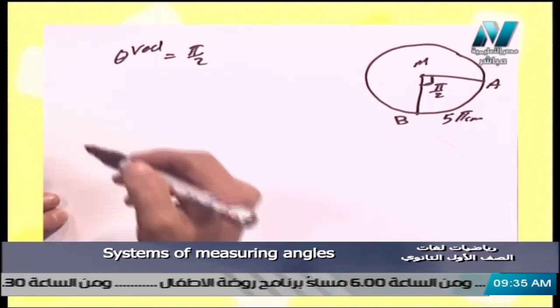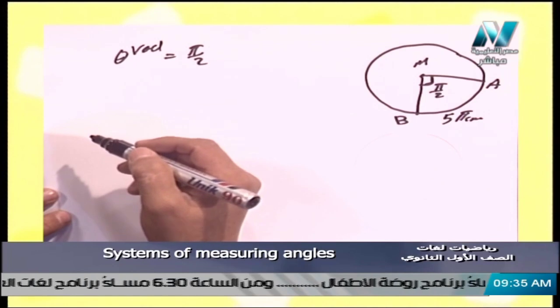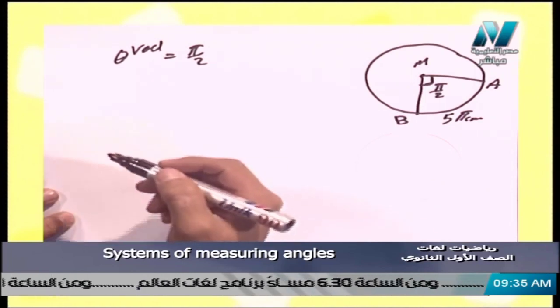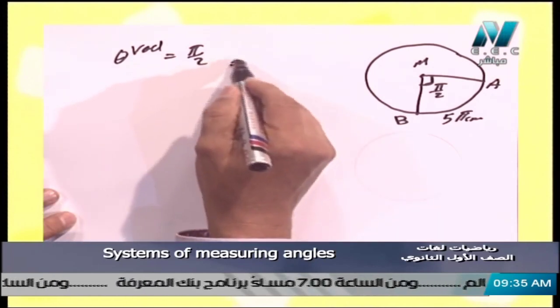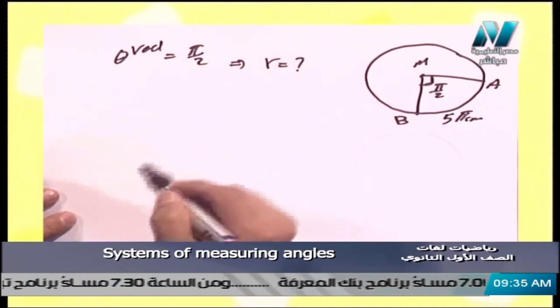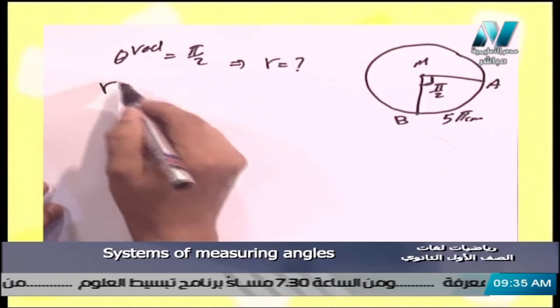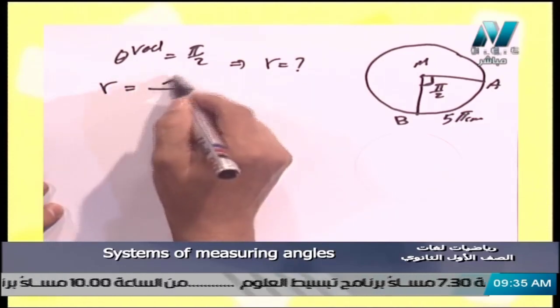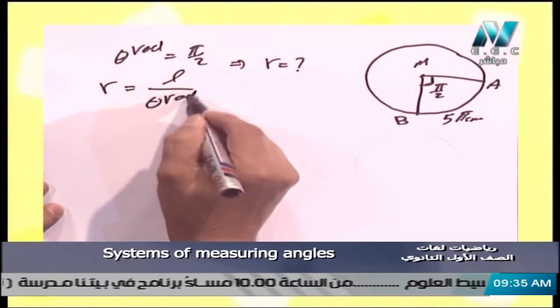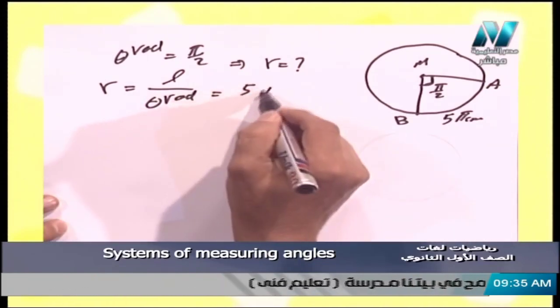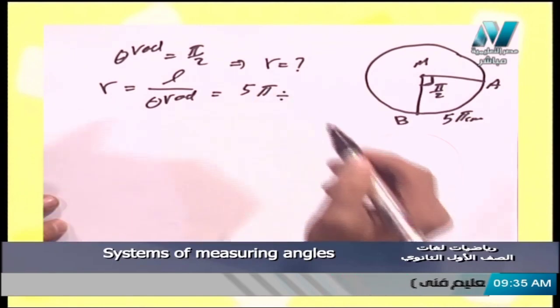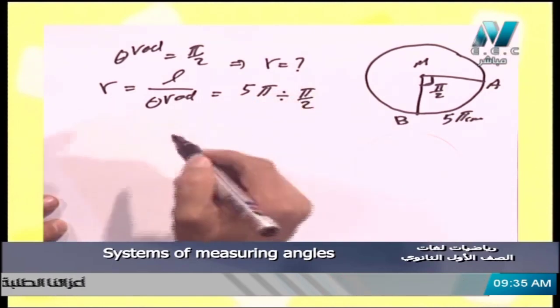So the request is to find the length of the radius of the circle. So r is unknown here. To find r, we divide L by theta rad. So we know L is 5 pi divided by pi over 2.